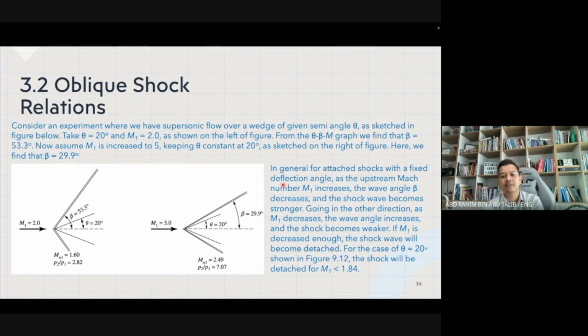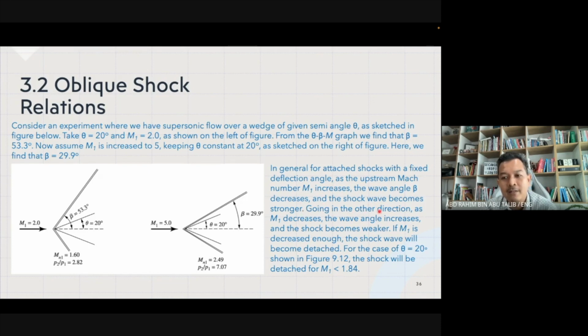So in general, from those two examples, for an attached shock with a fixed deflection angle, as the upstream Mach number increases, the wave angle beta decreases and the shock wave becomes stronger.